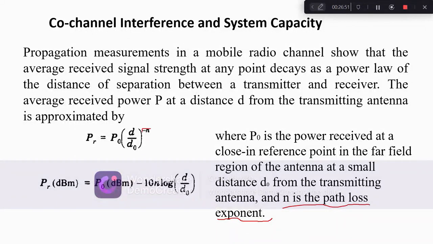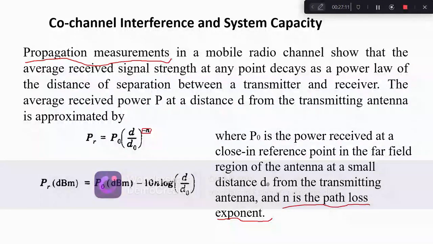So this exponent considers all the propagation measurements and all the propagation mechanisms we have studied in the previous course. Over here we are just taking a fixed number.